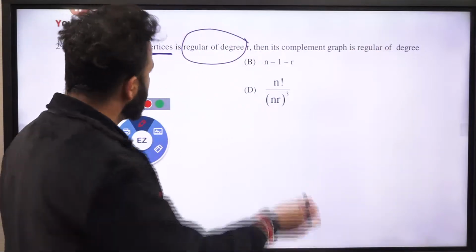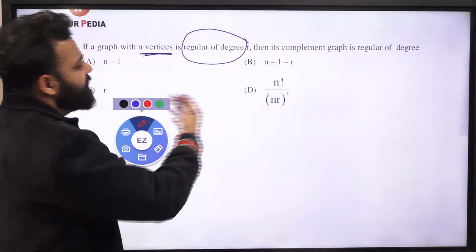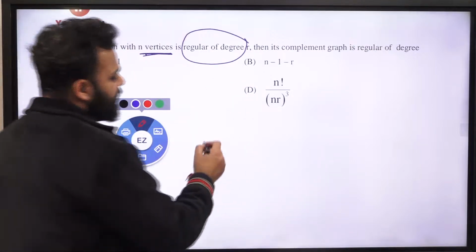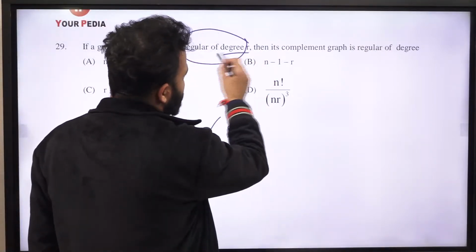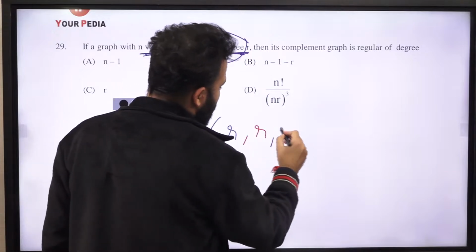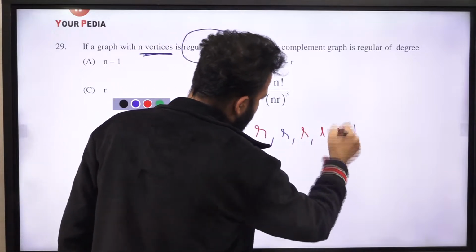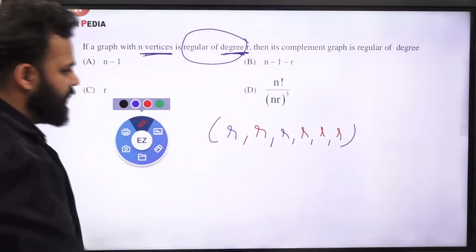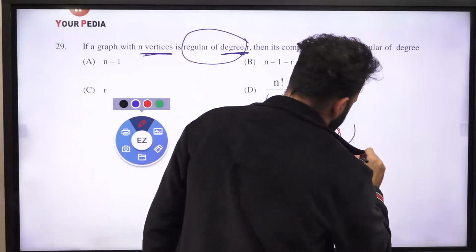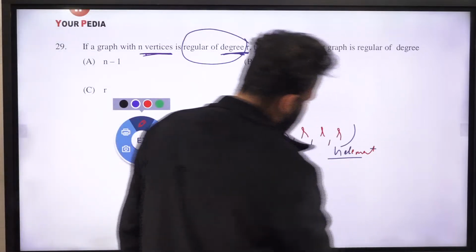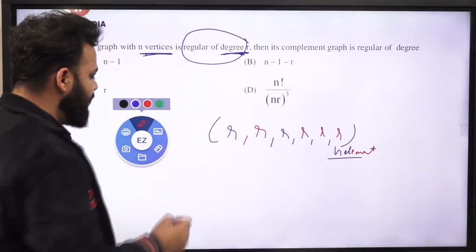So it is a pretty good question. First of all, let's say you have an n vertex graph, and if you write the degree sequence, it is a regular graph. So r, r, r, r, and r. Let's say these are some n elements. Before doing this question, let's just take some smaller example and see.